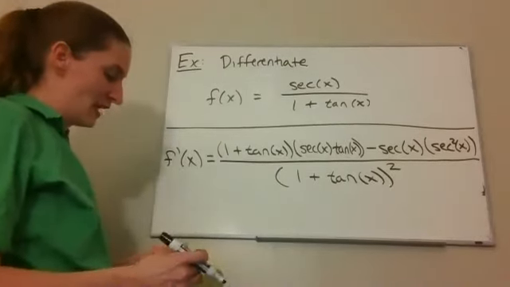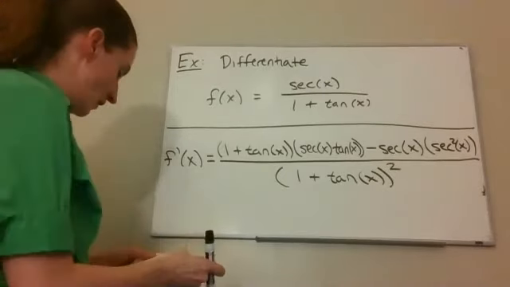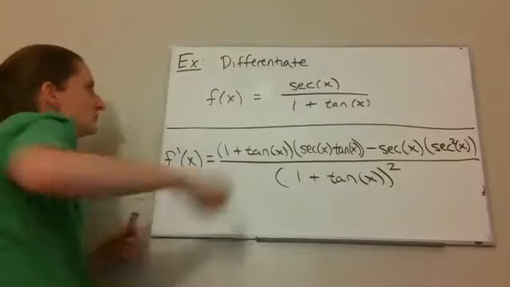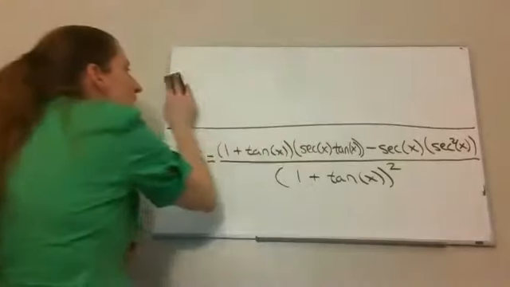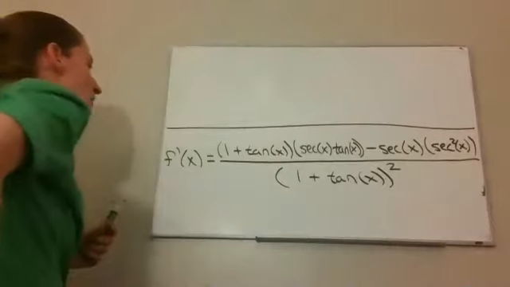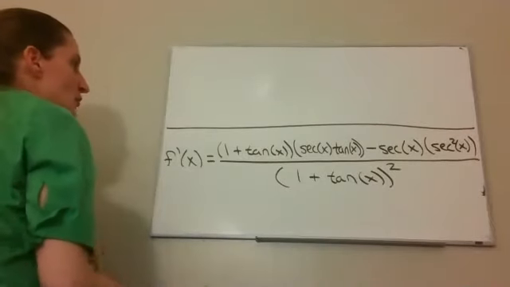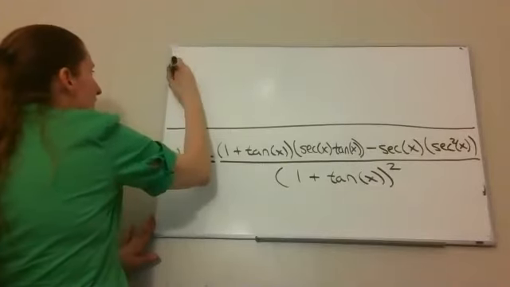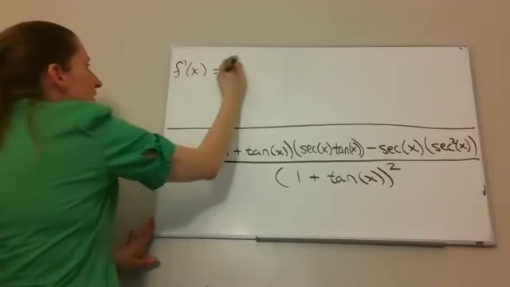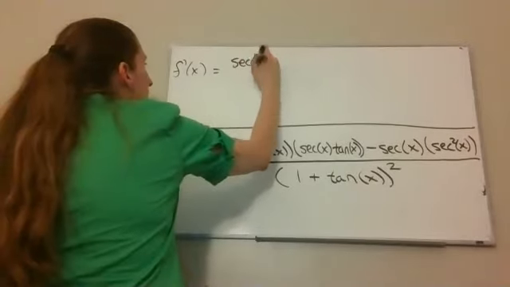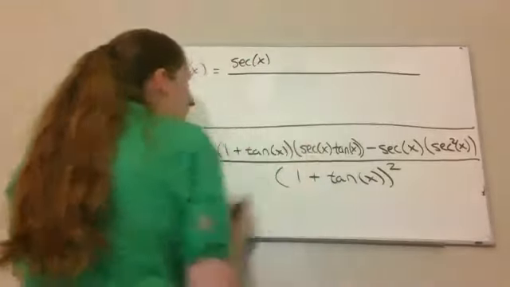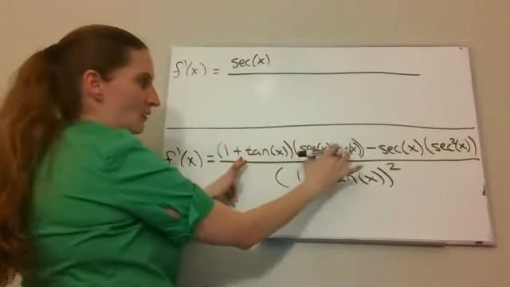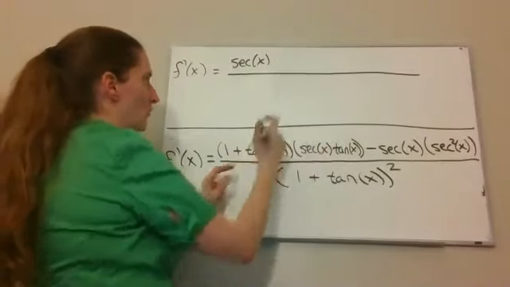However, I am going to take the time to simplify this just a little bit, make it look a little bit better. So what I'm going to do is in the top, I'm going to pull out a common factor of secant of x. So when I pull out the secant x, I'm going to have a 1 plus tan x plus tangent x, distribute that.